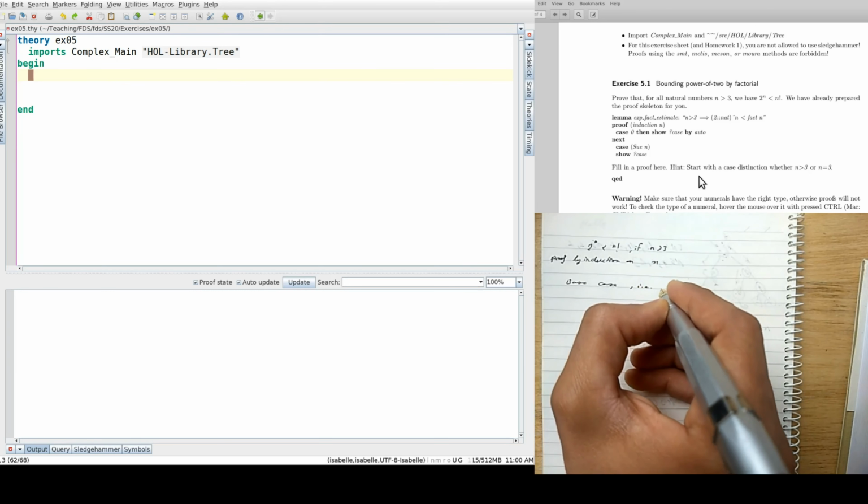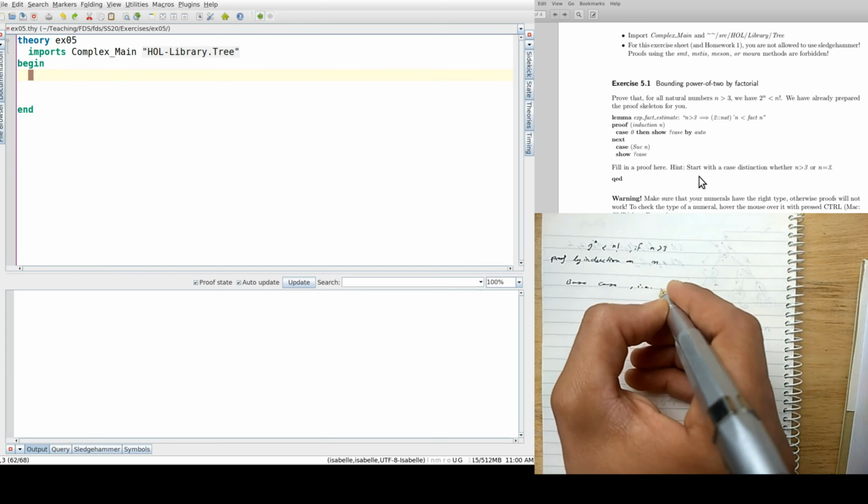So the first sub-goal, we do it as follows. So we assume n equals 3. Okay. And then from that, we try to show that goal. Okay, but of course that will not just be one step, but I just want to copy the goal first.